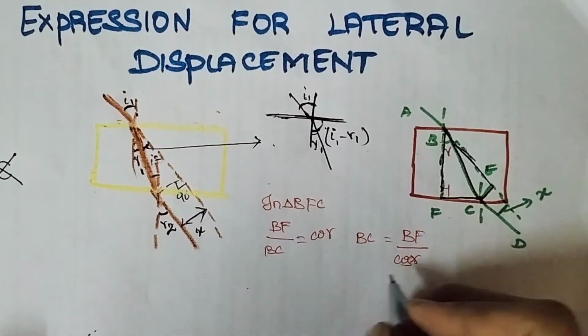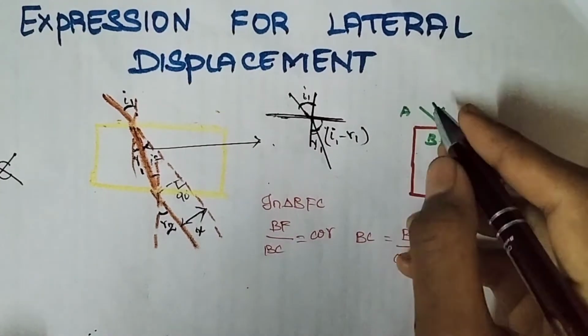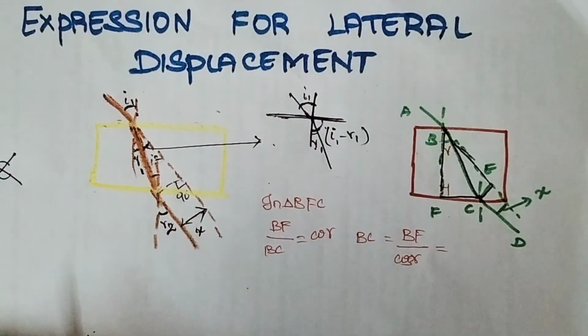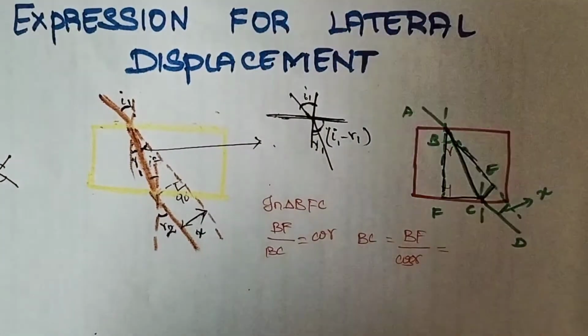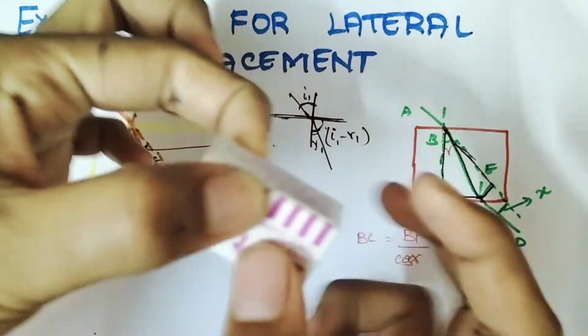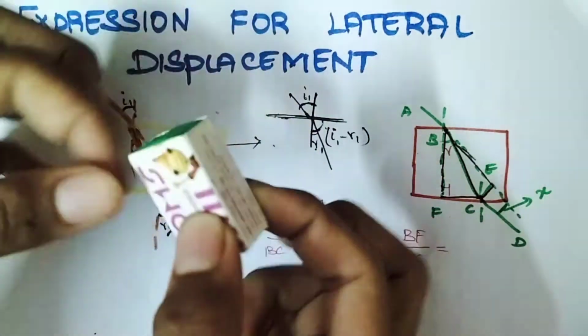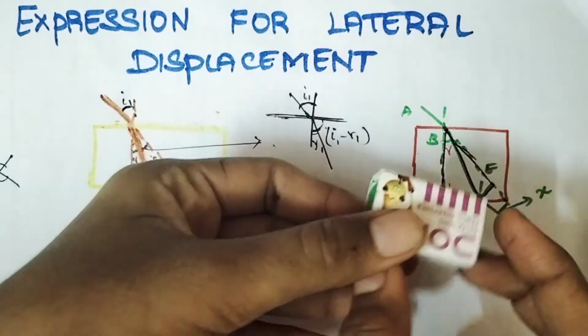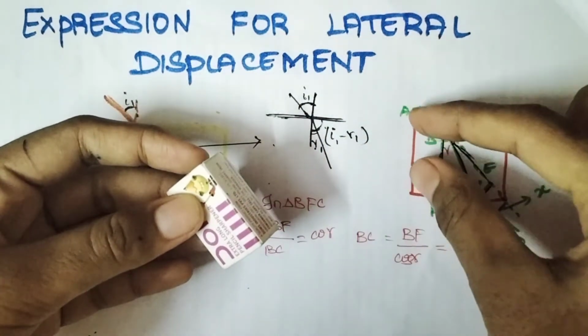Next, BF is the thickness of the glass slab. For simply understanding, I have taken the sharpener as a glass slab. This is the thickness of the glass slab.